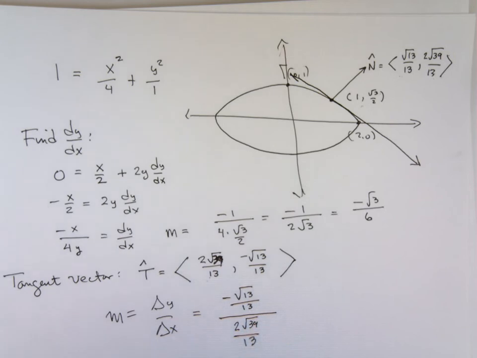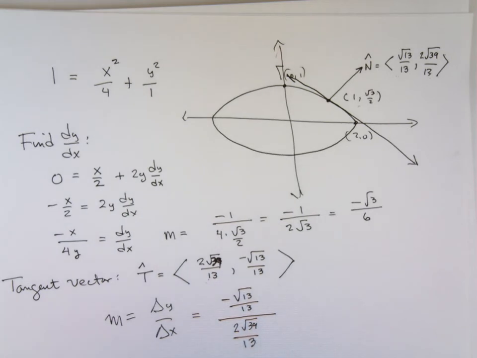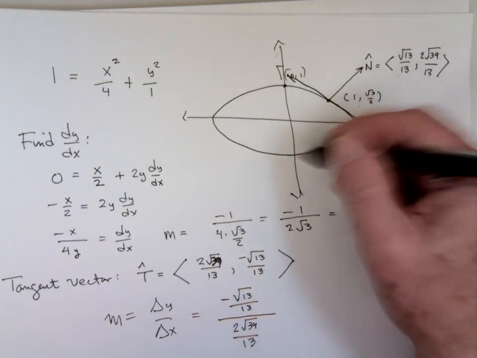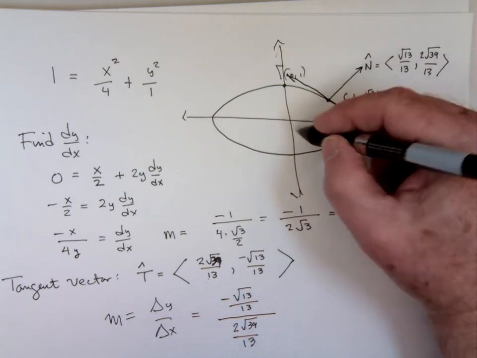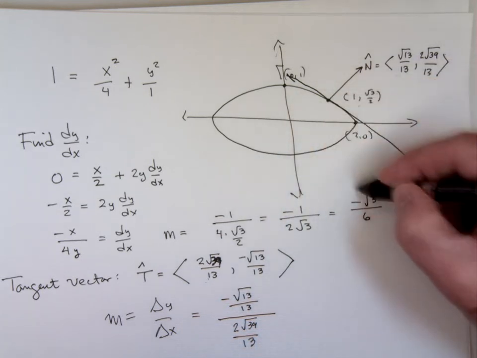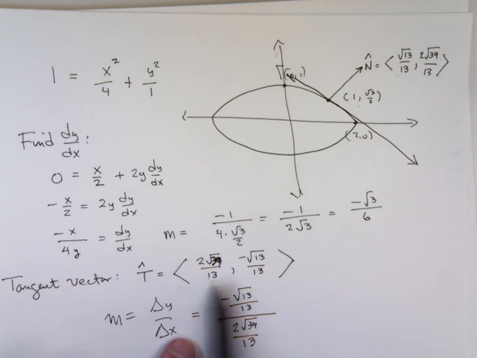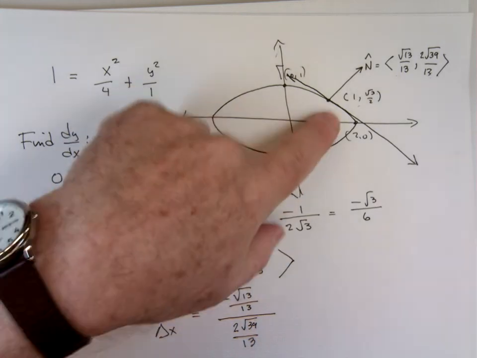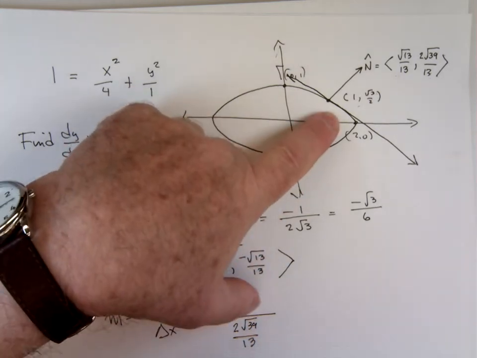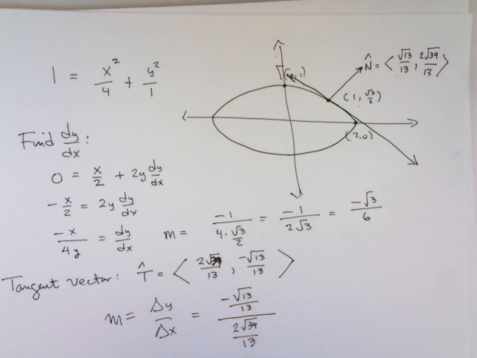No. Since this vector I can place anywhere I want, in particular I can place it here in standard position, which is what we have when you write it in component form. All I need to know is the slope of that vector. That slope would be the slope of the tangent line I'm looking for. So I don't have to subtract it from that, because I'll get the same thing. And hopefully this will give me exactly what I need.